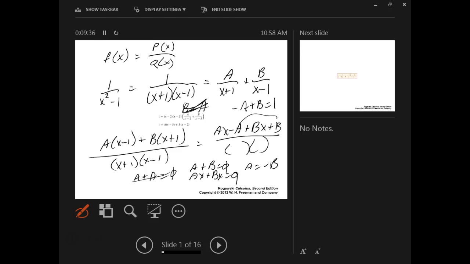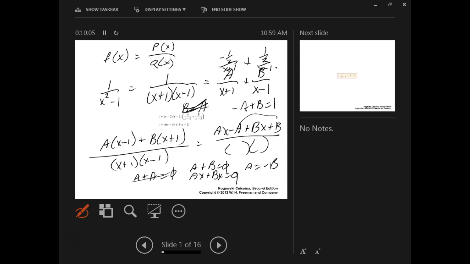So that gives you minus 1 half over x plus 1 plus 1 half over x minus 1. Okay? And that's exactly what they did, I just wrote it backwards from what they did.